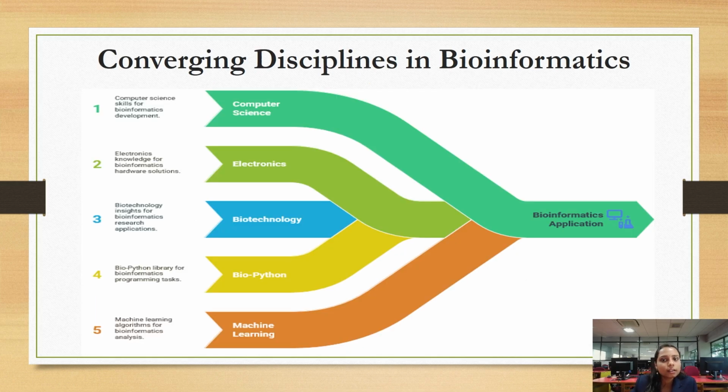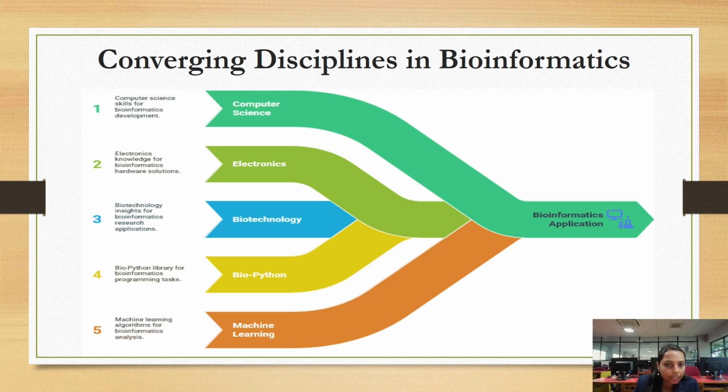So what are the applications linked with different subjects such as computer science, electronics, biotechnology, biopython, and machine learning? All these aspects are linked with bioinformatics, blending with biology, because they help with the skills you need: programming languages and algorithms, that is Python.